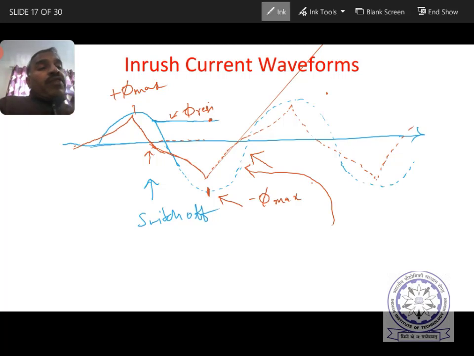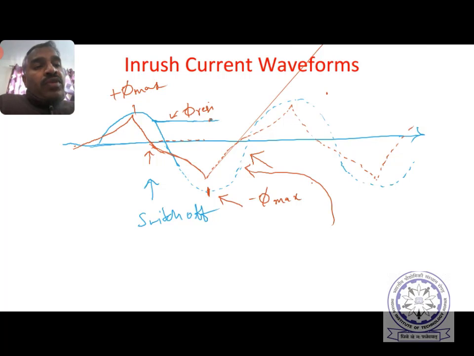Therefore, from phi residual it will start and follow exactly the previous waveform slope. I don't know whether I have drawn properly. Yeah, this way. So this is how the flux has to follow. Unless it decays, it must decay over a period of time. So it will follow like this.